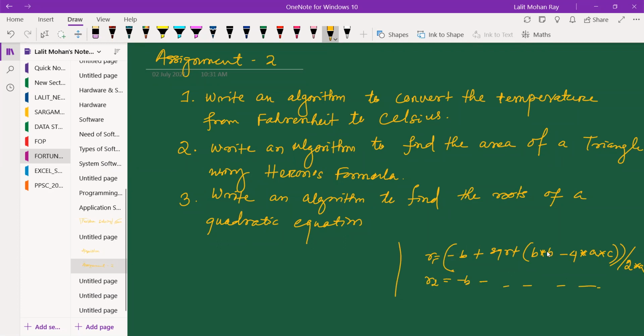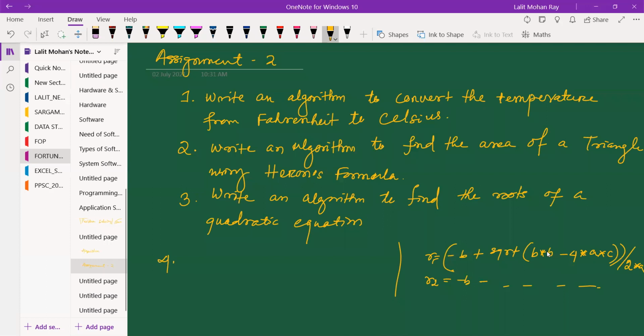So you just put these two. It is already completed in your mathematics. Don't check the condition whether the discriminant is 0, less than 0 or greater than 0. This will come later. In this sequential process, you just put these two formulas to get the roots.